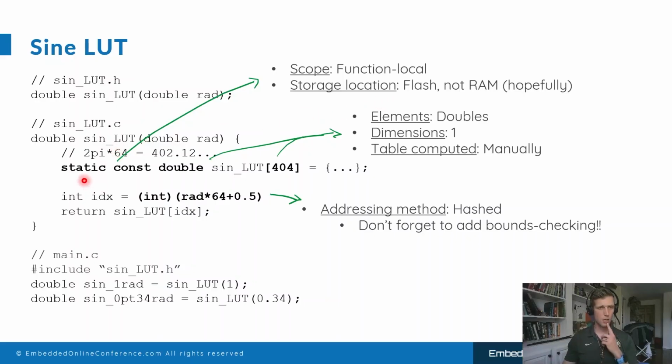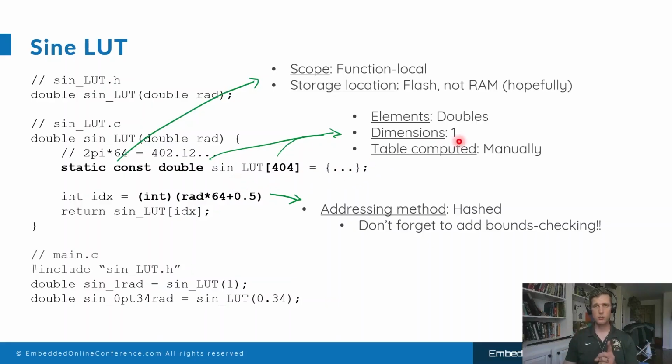Or maybe I do have more RAM. Now, if I'm putting this lookup table inside the function, I definitely want the static qualifier because I don't want this table copied onto the stack every time I run my function. This lookup table is an array of doubles because in this case I wanted to match the library sine function signature.